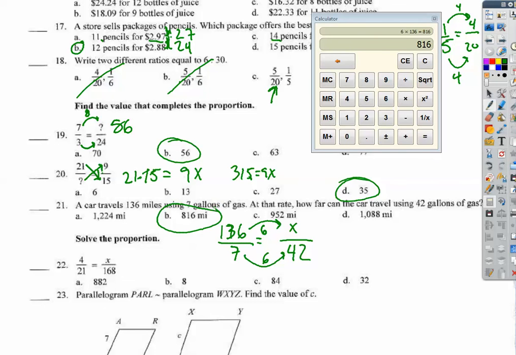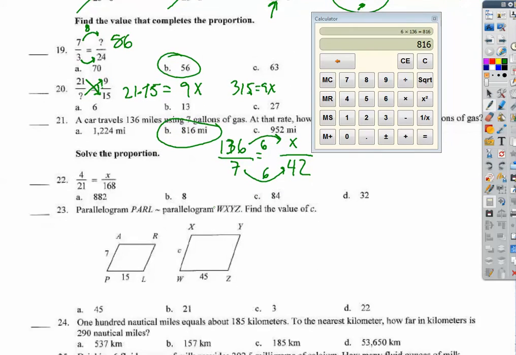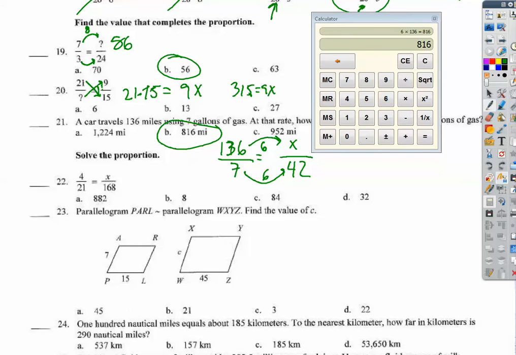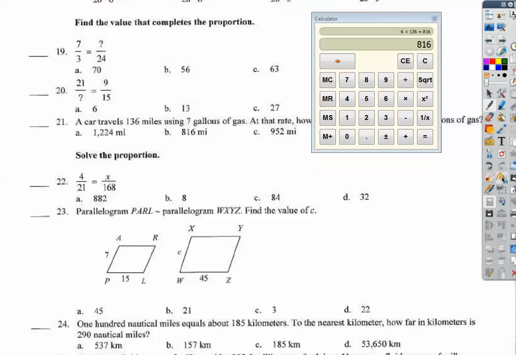22. For this one I would probably be inclined to solve using cross multiplication. I don't readily know a number that goes from 21 to 168, although there probably is, but we're trying to find different ways of doing it.